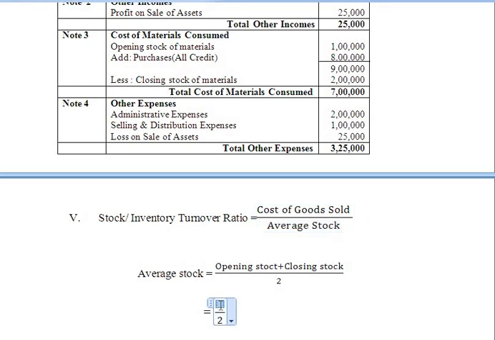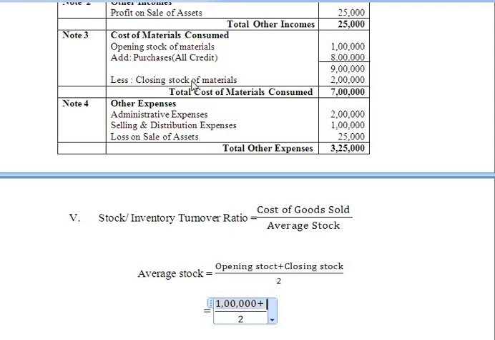How much is the amount of opening stock here? See, in cost of materials consumed only we will get the amount of opening stock. Opening stock of materials is 1 lakh. So right here 1 lakh plus closing stock, how much?